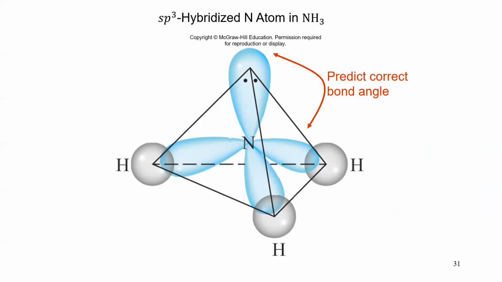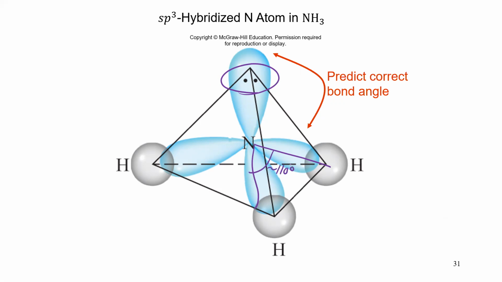If we look at the hybridization in ammonia, again, it's sp3. The nitrogen atom has 1 2s orbital and 3 2p orbitals. Those all hybridize, and we end up with the lone pair in its orbital at the top, the way we talked about it when we went through the molecular geometries. This hybridization predicts the correct bond angle, about 110 degrees.